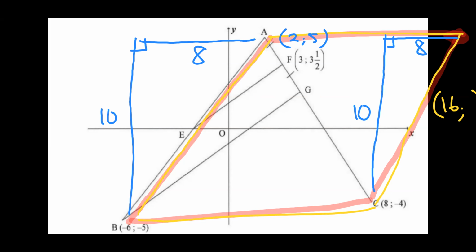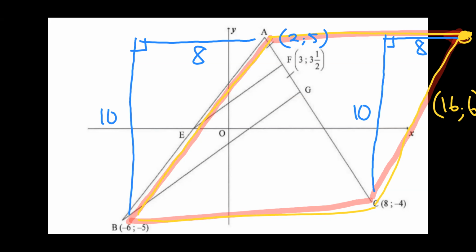And then -4 plus 10, that is 6. And that's the coordinates for point D. I just can't fit it in that small space there, but it's supposed to go on top. So point D is 16 and 6.